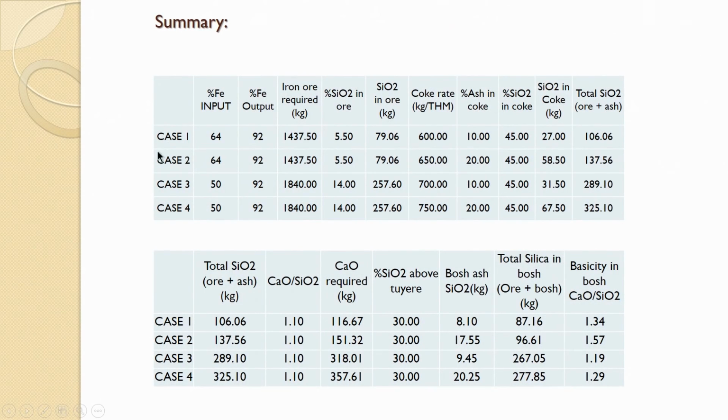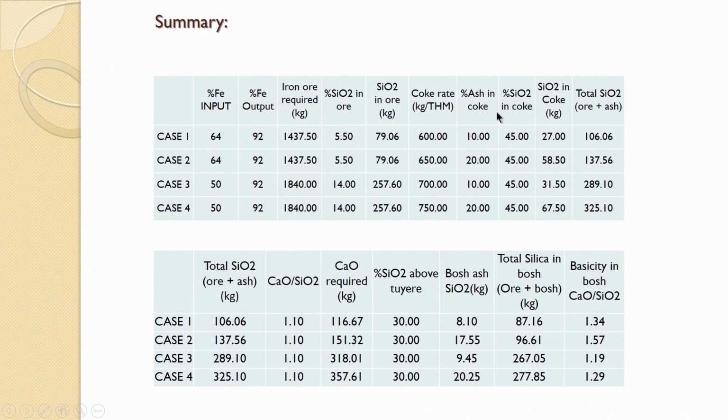This gives you the summary sheet of what we have done till now. The iron percentage in iron ore, we took 64% and 50% cases. Output was always constant. Based on that, your iron requirement changed, the SiO2 changed, and the coke rate also changed.